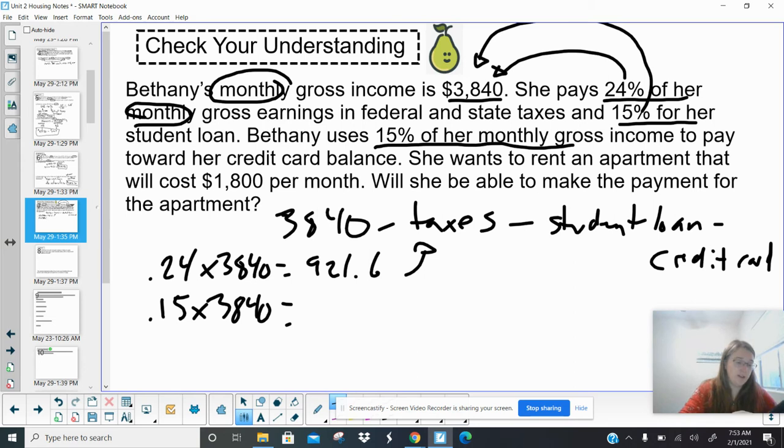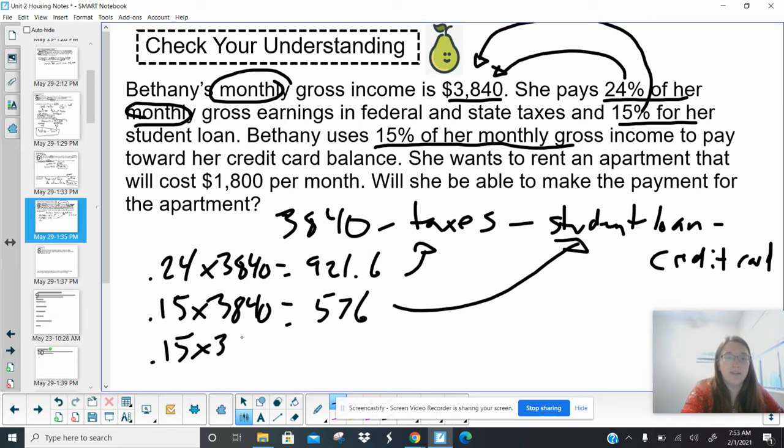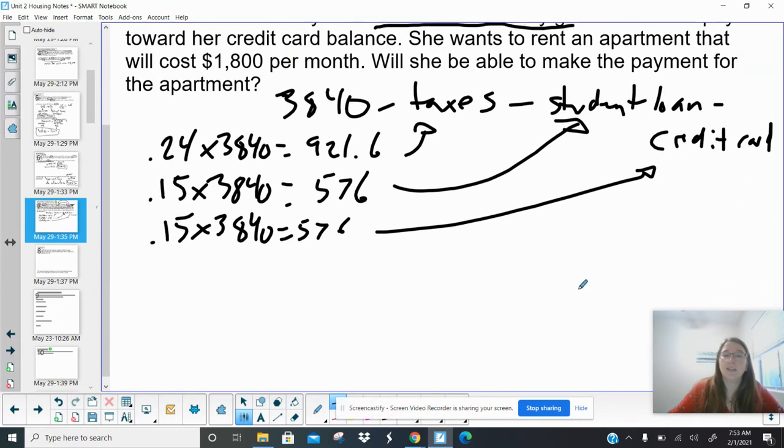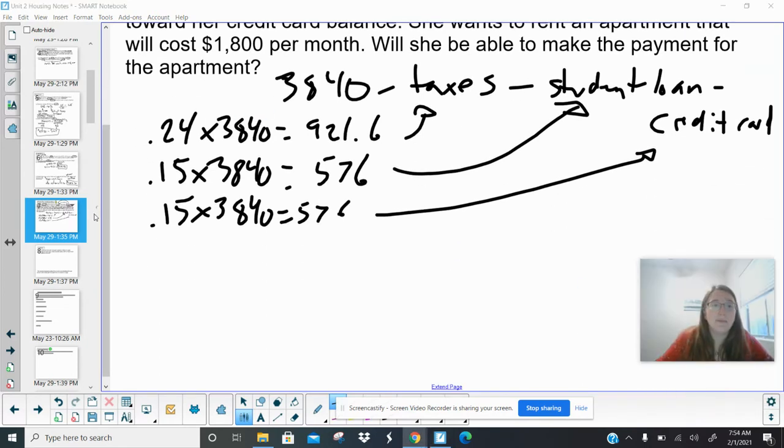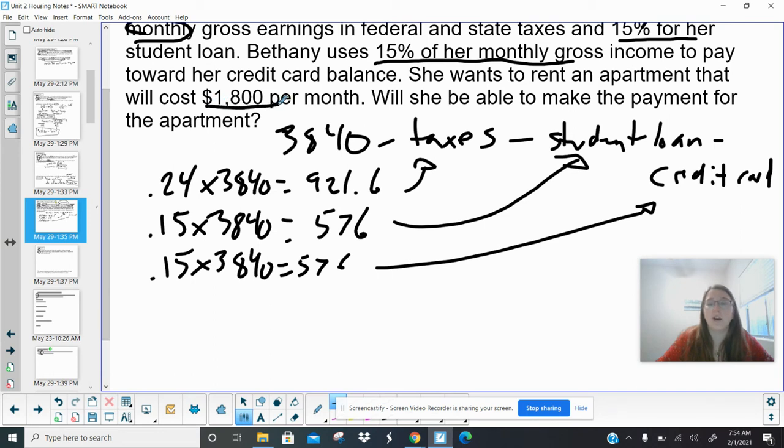Because again, it's still 15% of her monthly income. That's not changing. 576 is her student loan. And then the credit card is also another 15%, but obviously it's going to be the same number. So I'm just going to write it again. That's her credit card.